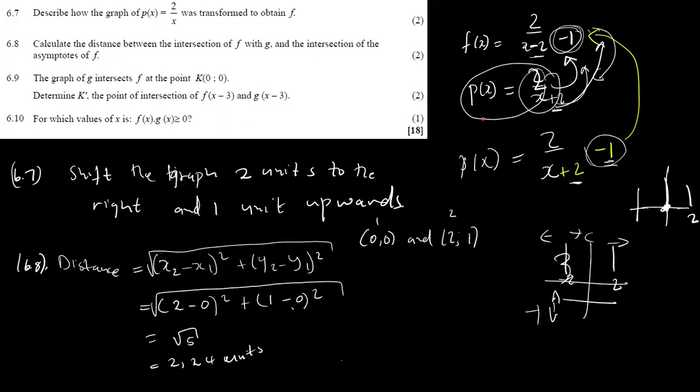And do not forget, the graph of F, which graph is it? Let me see. It is the hyperbolic graph, meaning it's going to be this part. This one, see, it has shifted 3 units to the right. And then we're going to shift the graph of G again, which is this one, the exponential one. So we're going to shift it 3 units as well, right? So when you shift this one 3 units as well, it's going to look like this.